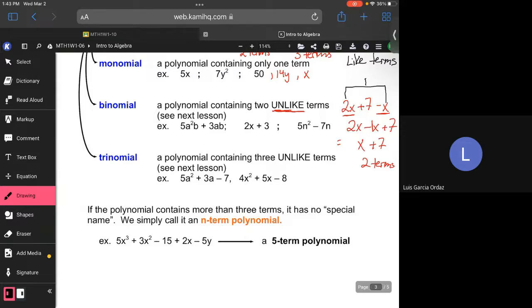So you would call this a 5-term polynomial because there's 5 different terms. Or you can simply just call it a polynomial. But on an assessment, I would want you to write the number of terms that it has, so you'd have to write a 5-term polynomial. But later on, it's not going to matter what you call it.